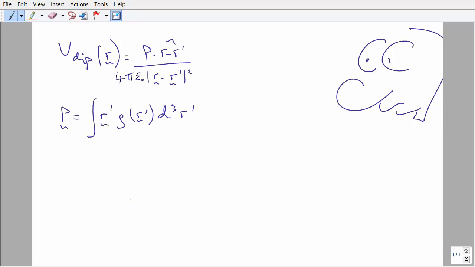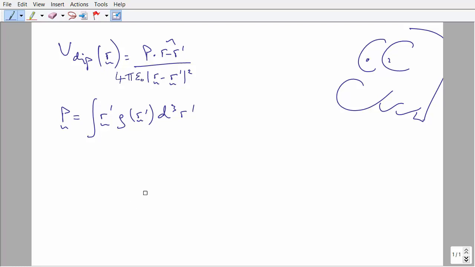Okay, so we're going to deal with a situation where we have two charges, a positive charge Q located at z prime equals plus d/2 and a negative charge minus Q at position z prime equals minus d/2.